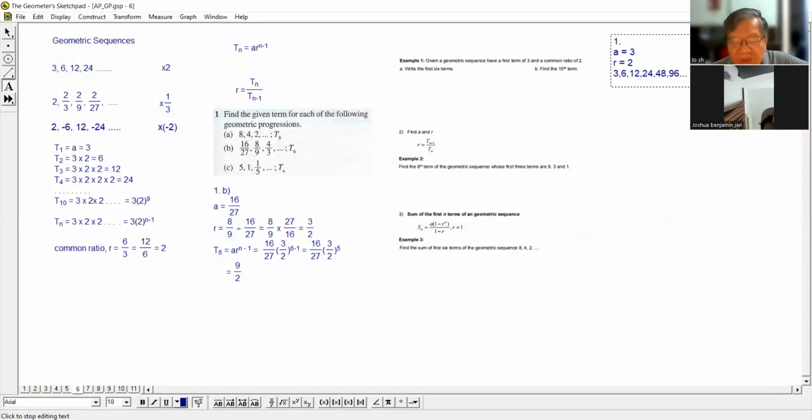Find the 15th term. So they want to find what? What is the symbol for the 15th term? T15. What is the formula for T15? A R to the n minus 1.